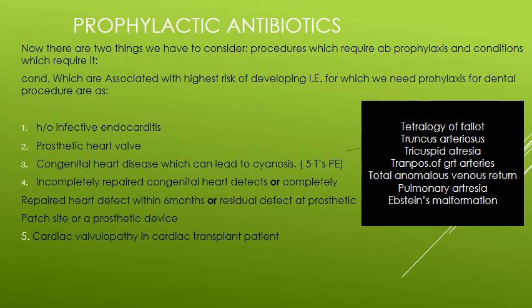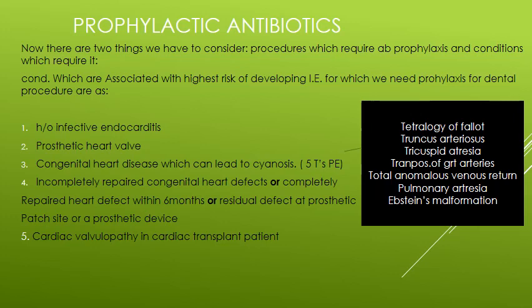The next is cardiac transplantation. When you see in the case history that the patient had a cardiac transplant and it developed a problem in the heart valve, then you will choose prophylactic antibiotics. That is, cardiac valvulopathy in a cardiac transplant patient, you will choose this option. But if a patient comes to you with a successful cardiac transplantation, you do not have to choose this option. One thing which we left here is prosthetic heart valve.